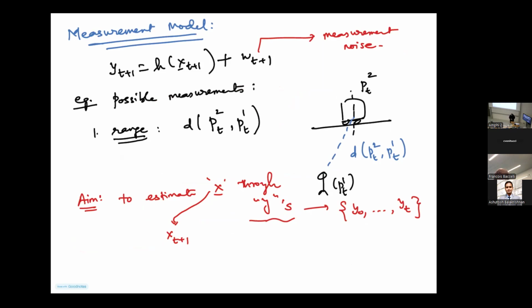And the idea is that because we cannot estimate the state directly, we need to take some measurements, and this measurement is a function of the state. And a possible measurement in this case, if you are the user and you want to measure the object, is a range, which is a function of the position of the object as well as the user's own position. So this is the measurement model.